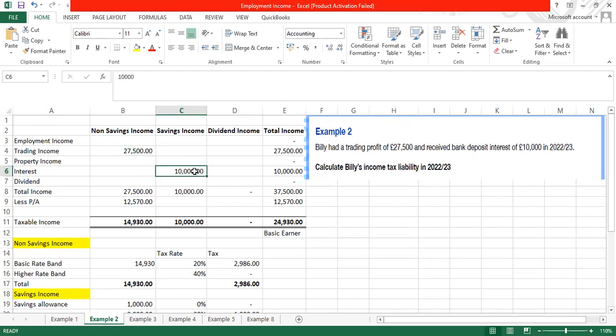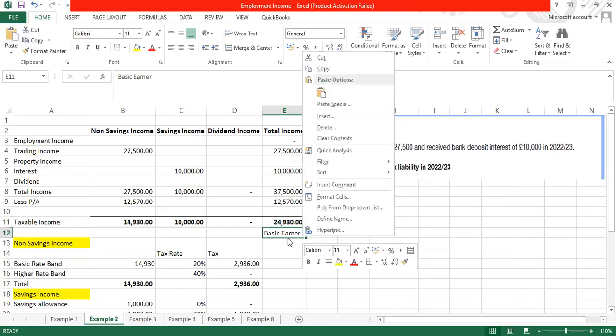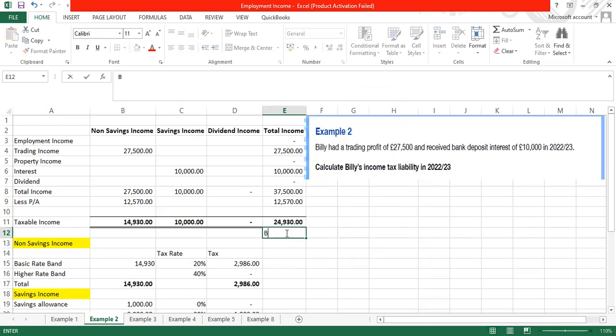We need to deduct the personal allowance for the year, and the total taxable income is 24,930. So Billy is a basic rate taxpayer, because her total taxable income is less than 37,700.